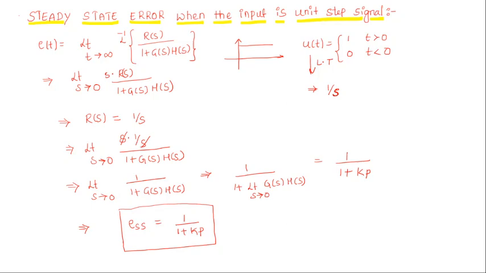Let me take an example. If you have a type 0 system, it means you don't have any poles at the origin.